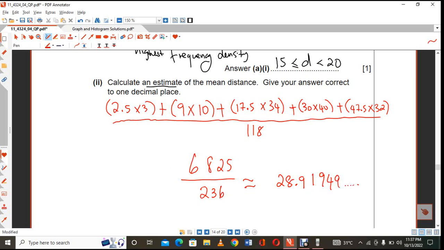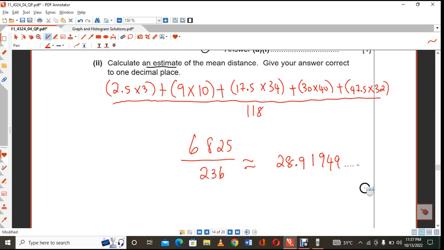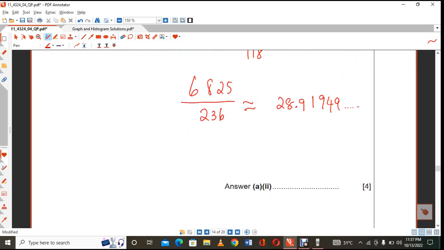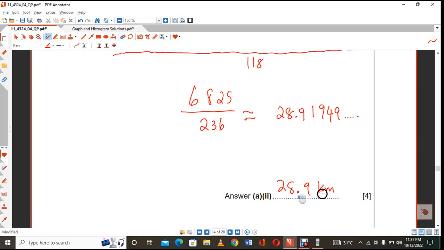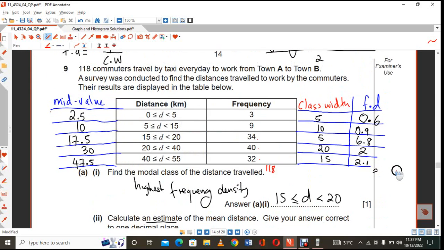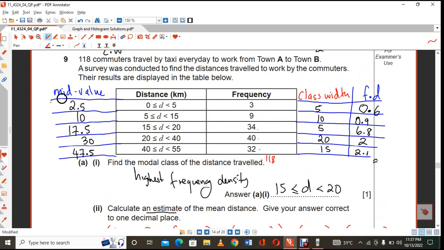So on average, the estimated mean is that everybody walked about 28.9 kilometers. I hope you get it. It was very important for me to find the frequency density and the mid-interval values, because you multiply the mid value by the frequency, add them all up, and divide by the number of people. This gives you the estimate of the mean.